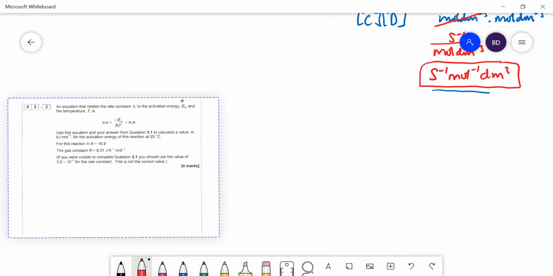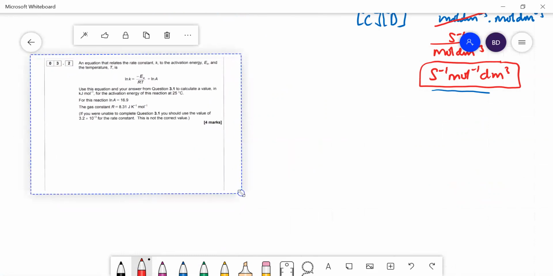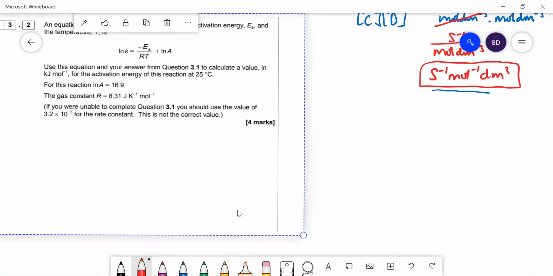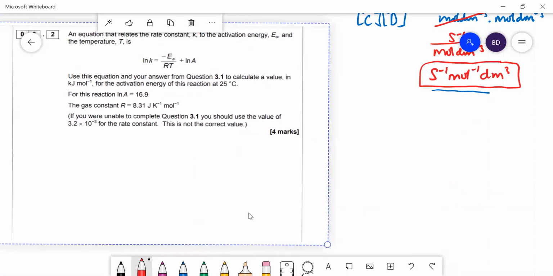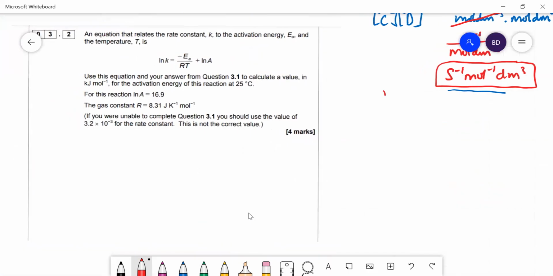Now this is about our Arrhenius equation here. Now the value of K we worked out, we're going to need that, is equal to 0.028. Right, use this equation to work out the activation energy of this reaction at 25 degrees C. Now here ln A is equal to 16.9.